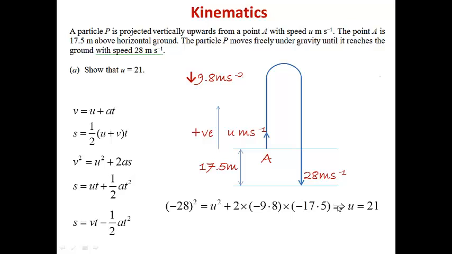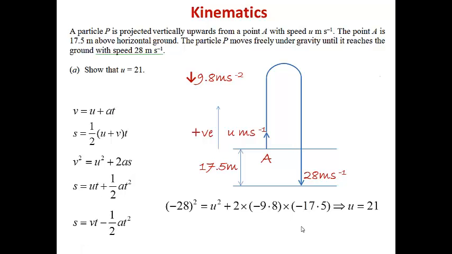In fact, u can be 21 or minus 21, as we get an equation in u squared. So 21 is the velocity when projected upwards, and minus 21 is the velocity at this point here when it reaches the same level coming downwards.